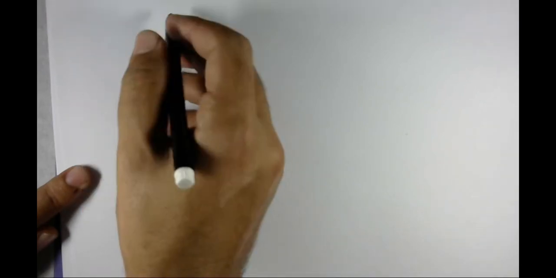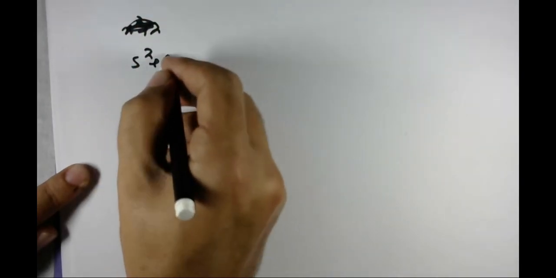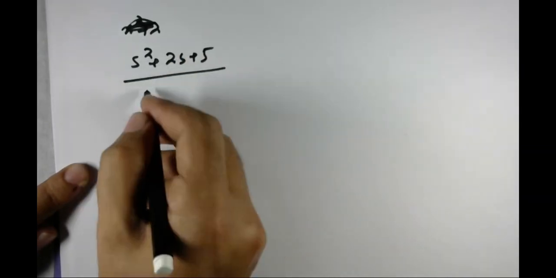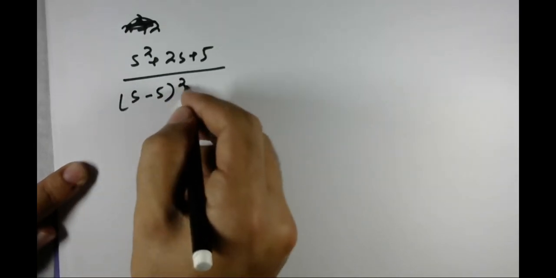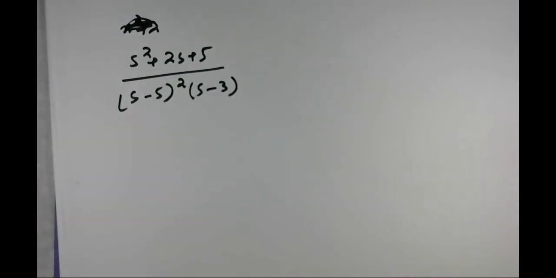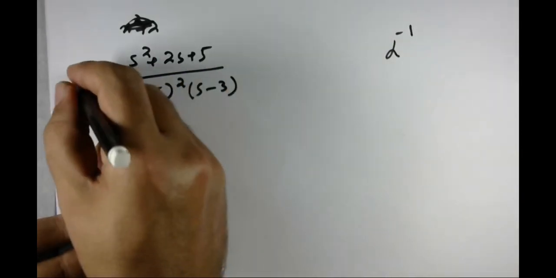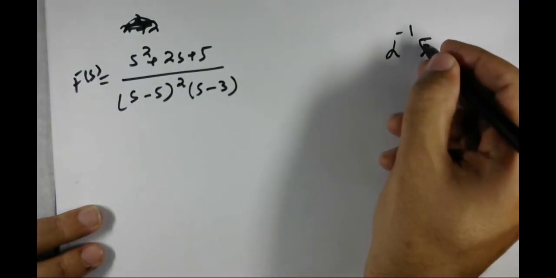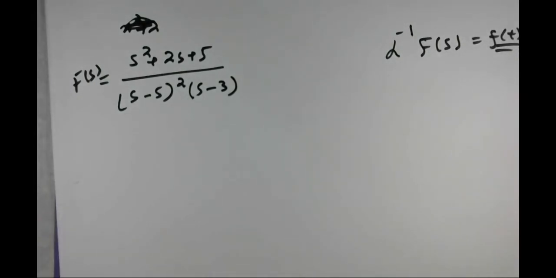Now for repeated poles, you need to find out, if you are given such a function, say F(s) equals s squared plus 2s plus 5 over (s minus 5) squared into (s minus 3), and you need to find the inverse Laplace of F(s), which will be equal to f(t).